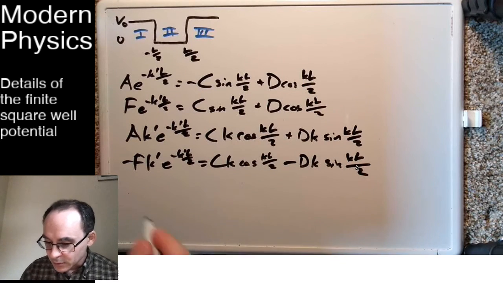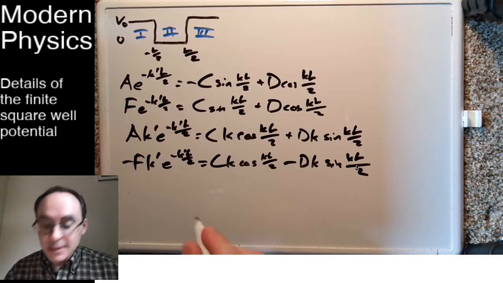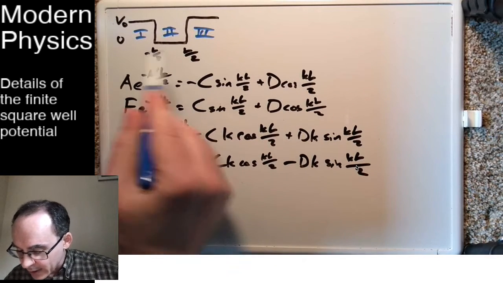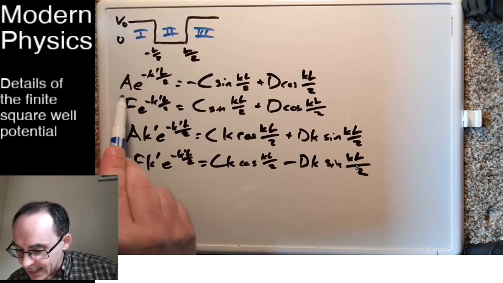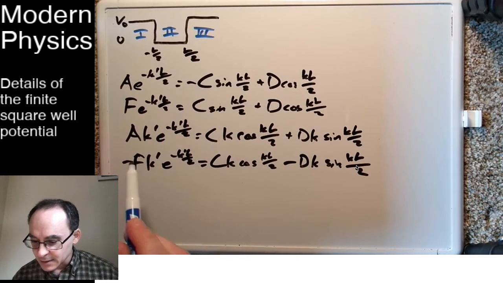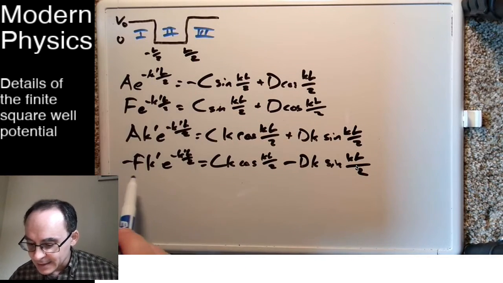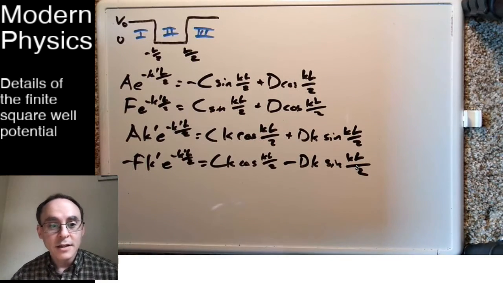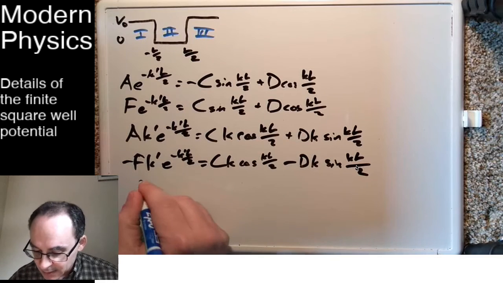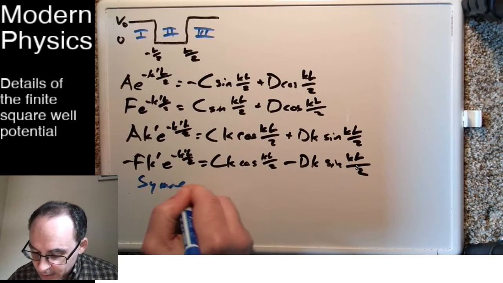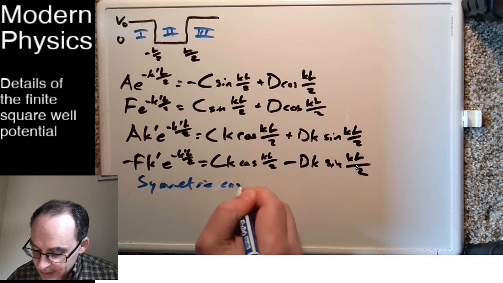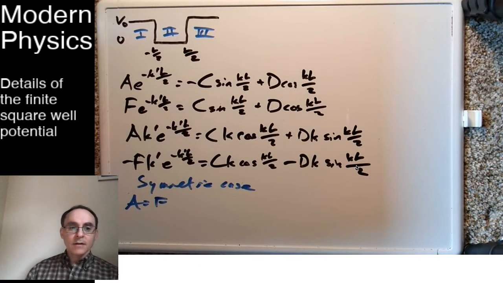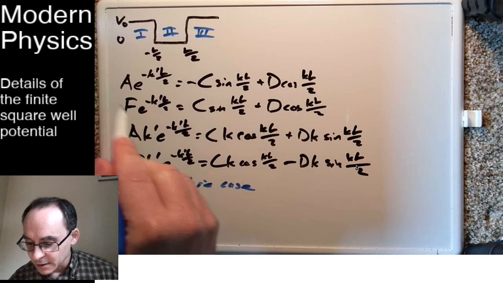So for example, if the wave function is symmetric, then we can immediately look at this and say, on the left-hand side, we have A as our amplitude of an exponential going up, and on the right-hand side, we have F as the amplitude of an exponential going down. If it's symmetric, that means capital A is just equal to capital F. That's what it means to be symmetric.